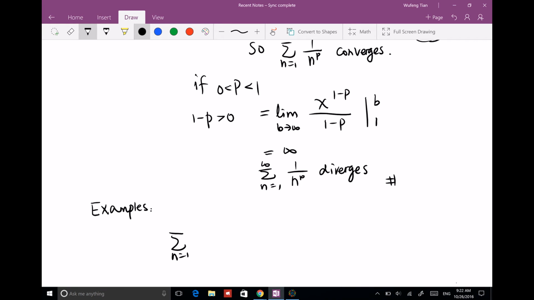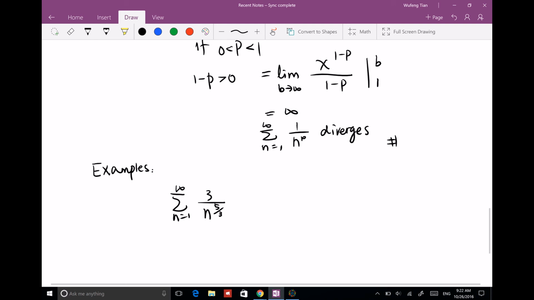N from 1 to infinity, 3 to the power n, 5 over 3, 5 to 3. Okay. So here, can anyone tell me what this P is? Maybe I ask a student. Thea, could you please tell me what P is? 5/3, perfect.